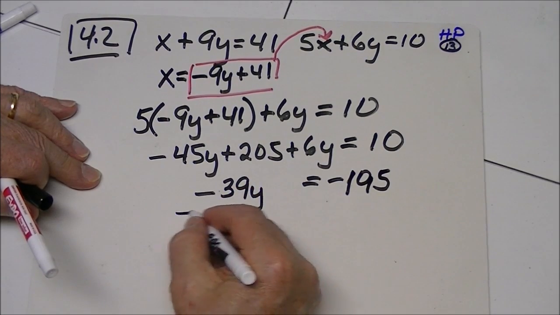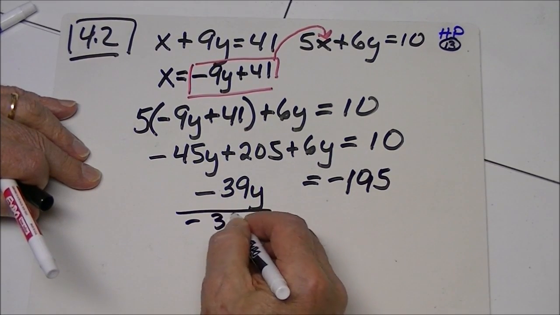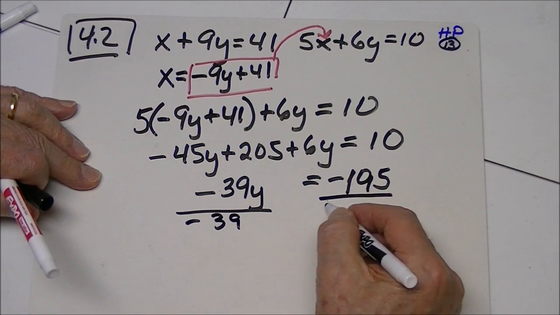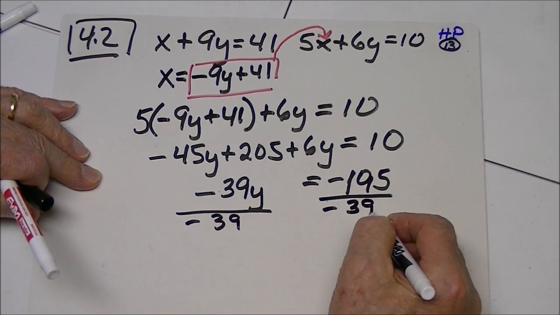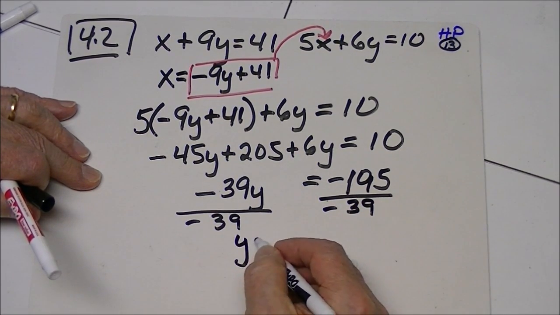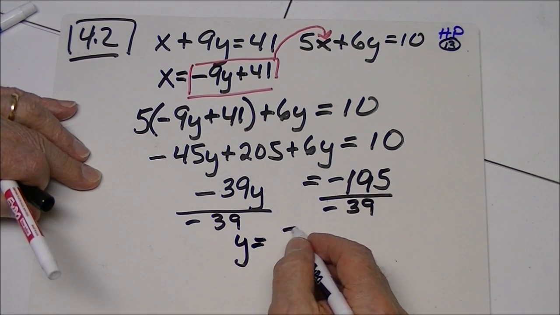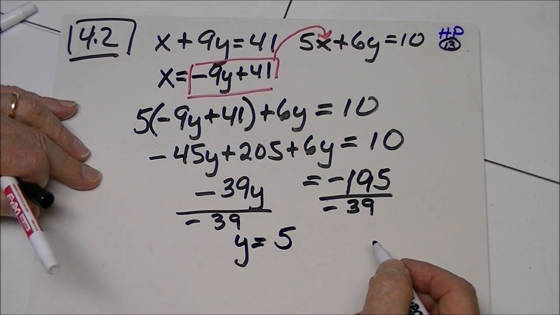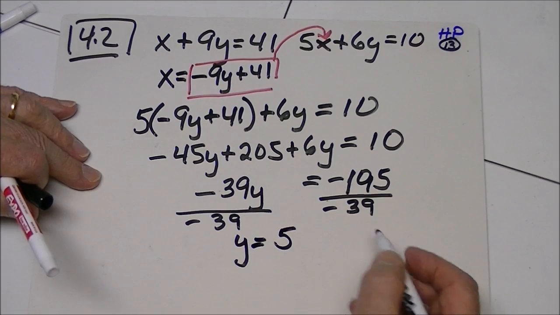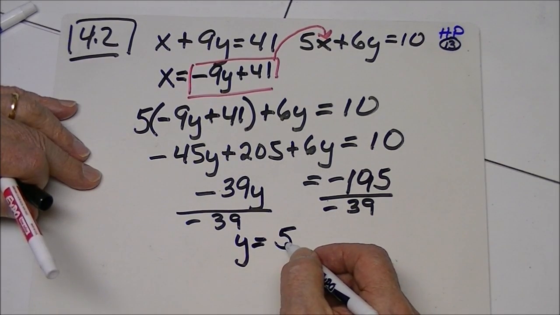Now I'm going to divide both sides by a negative 39, being careful of the signs. And we get y equals, this comes out even, as a 5. Now we know y is 5.